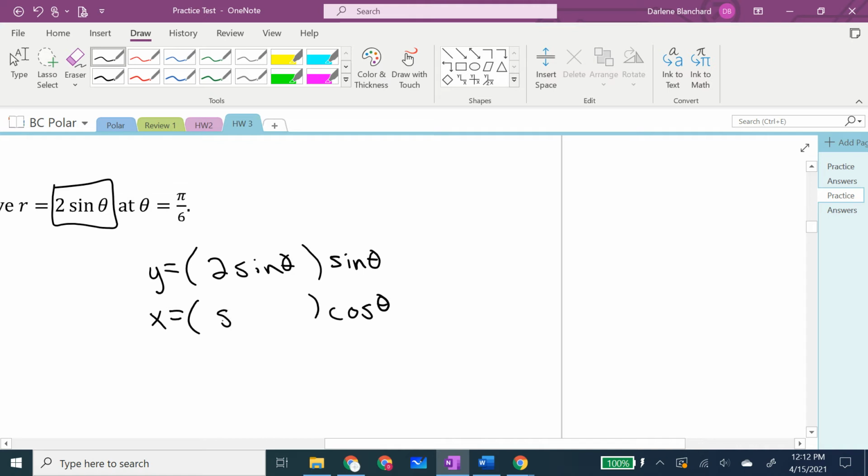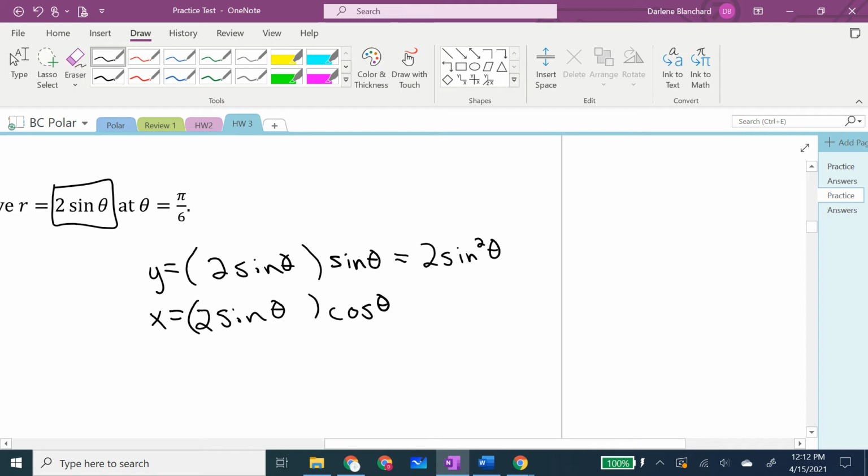Now, if you see any legitimate shortcuts, feel free to use them. With y, you can choose to use the product rule, or you can choose to use the chain rule. It's up to you. For x, oh wait, I lost a 2, didn't I? There we go.